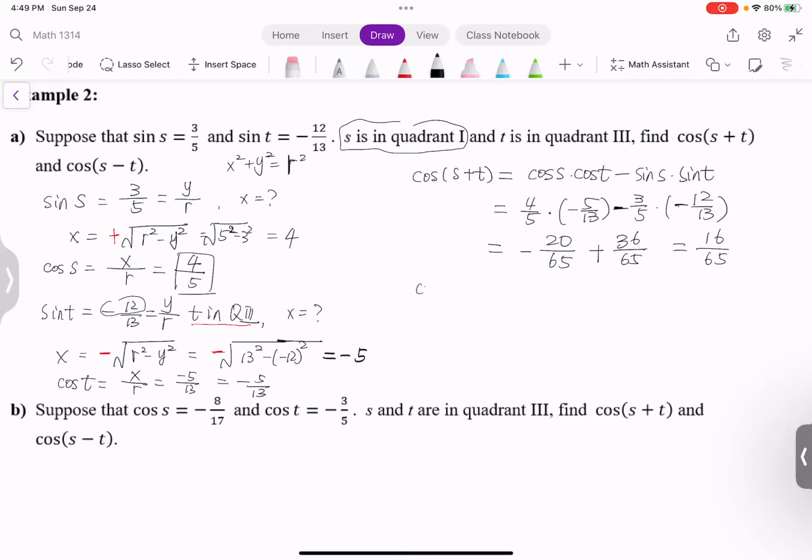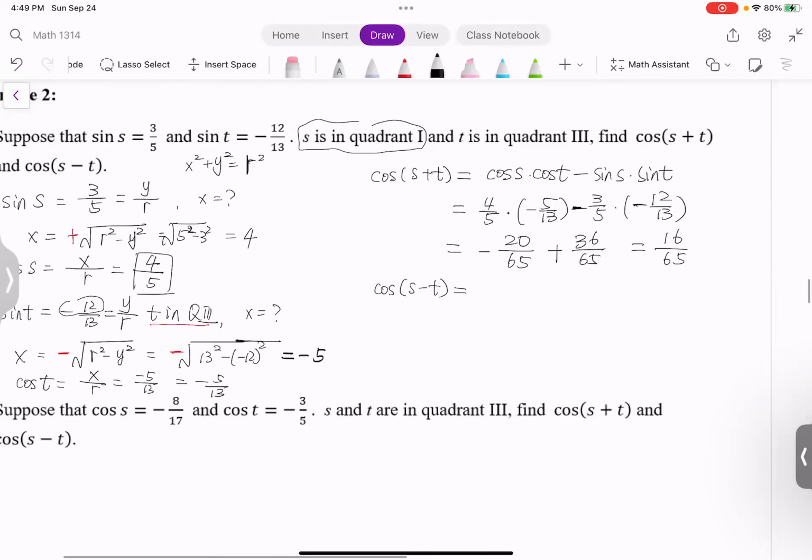And we also need to find cosine of s minus t. Cosine of s minus t is cosine s times cosine t, and then plus sine s times sine t.